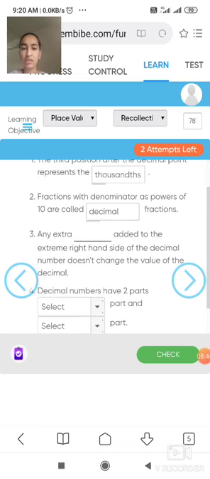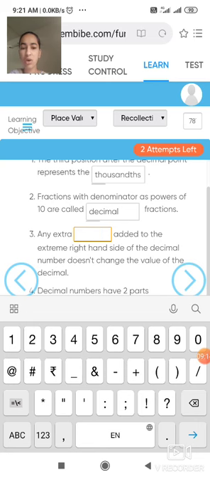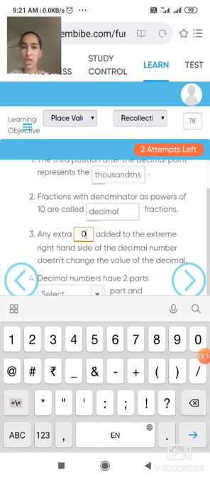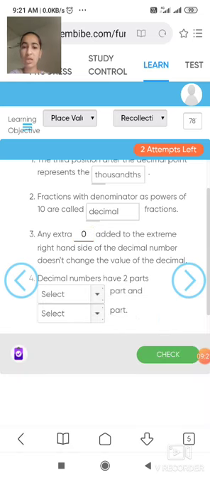Any extra dash added to the extreme right-hand side of the decimal number doesn't change the value of the decimal. Which digit is this? That digit should be 0, because if we add 0 to the extreme right side of a decimal, it doesn't change the value.